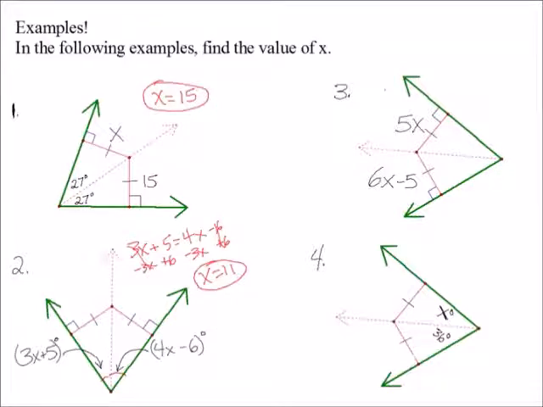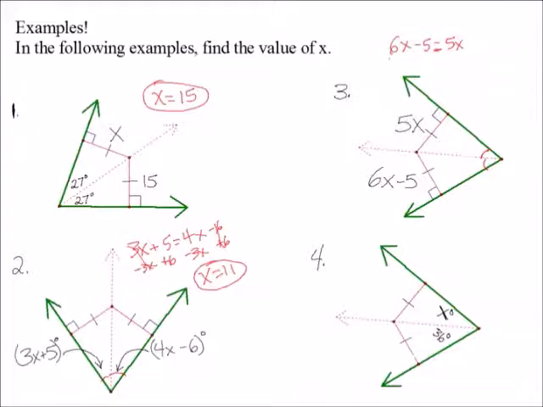Number 3, same thing. I have right angles, okay? And so basically, if you know that these are the congruent angles as well, then you know that these sides have to be congruent. So I have 6x minus 5 equals 5x. Basically, we want to get this number by itself.